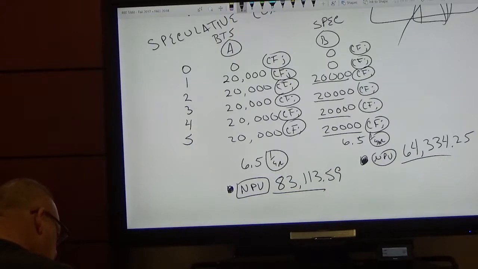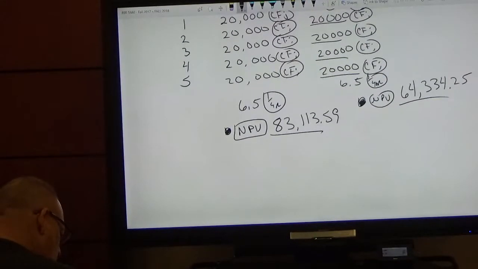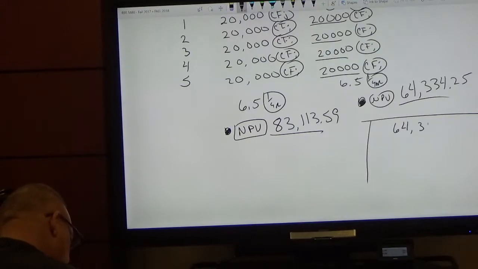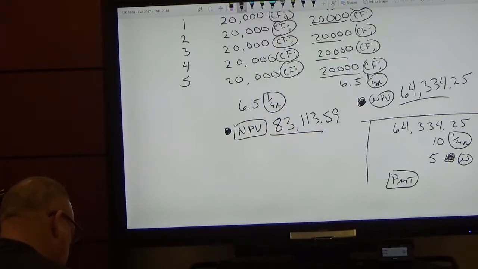All right? So what we could do, very simply, is put the $64,000 in as our present value, 10% as our interest rate for 5 years of steady income. What would then be the payment?